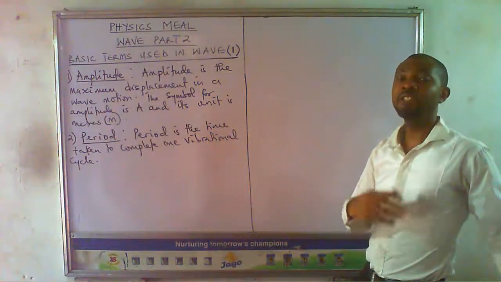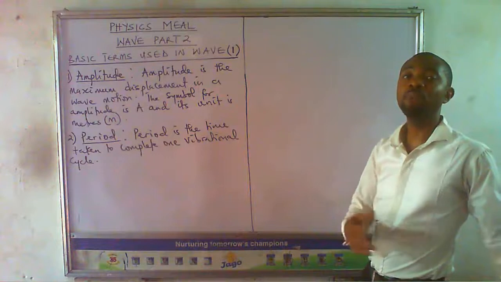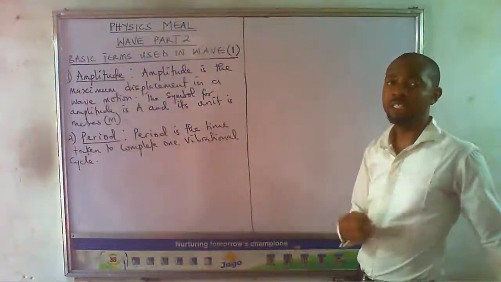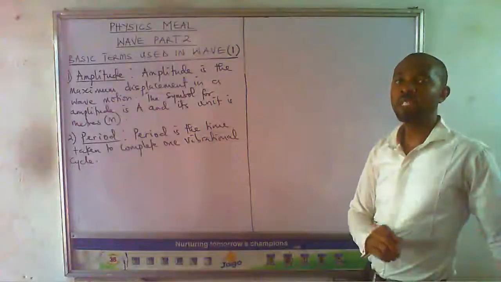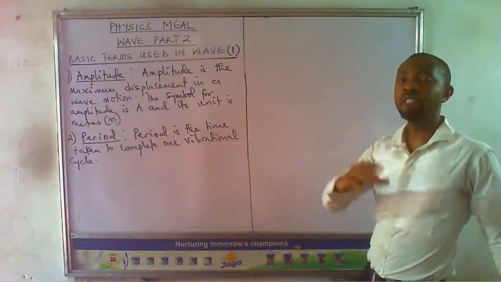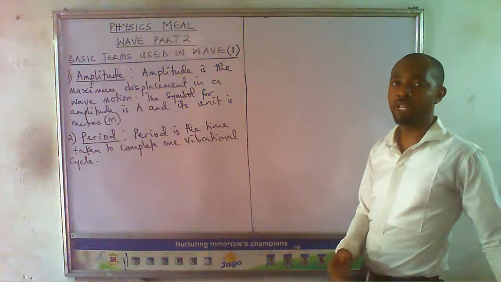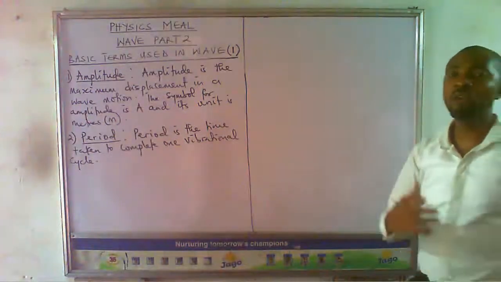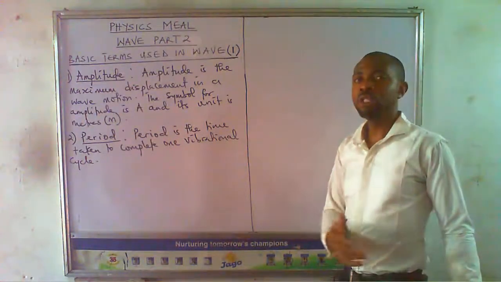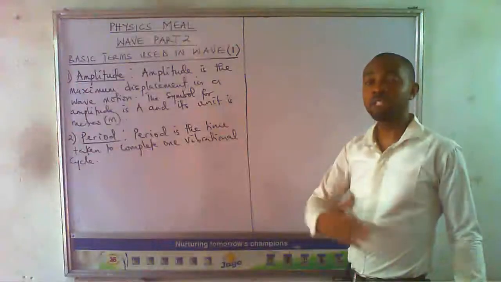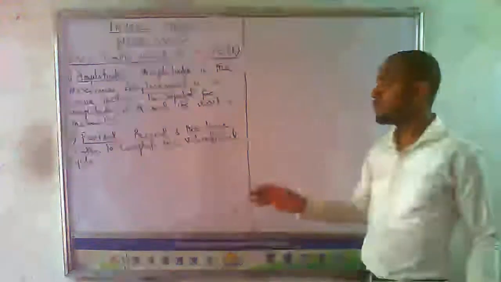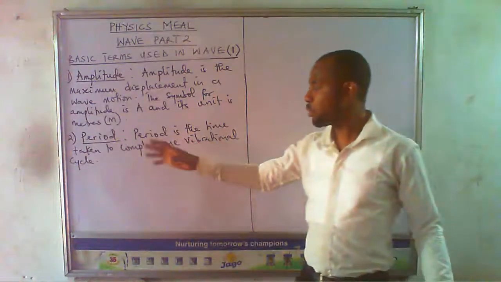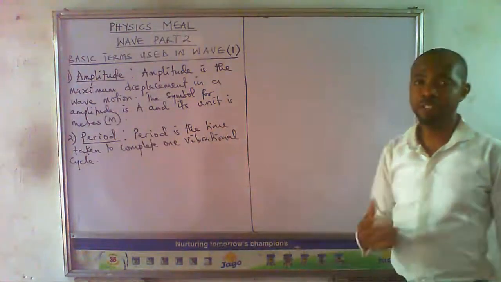That means it is also the time taken to complete one wavelength. So period is the time taken to complete one vibrational cycle.